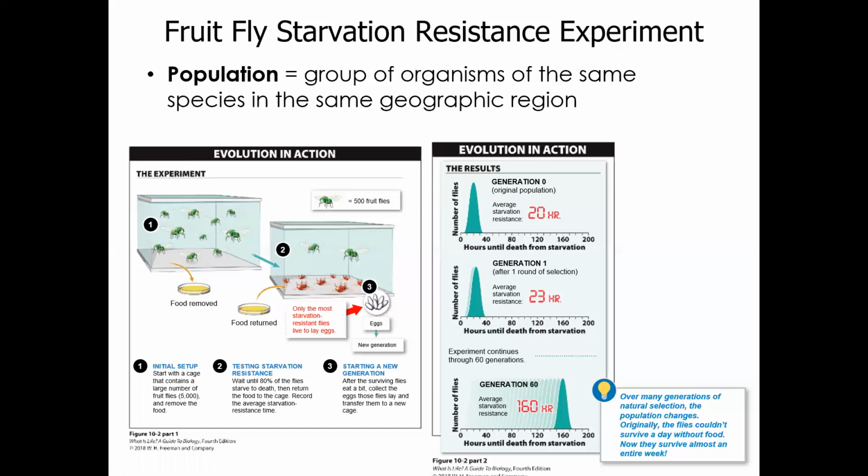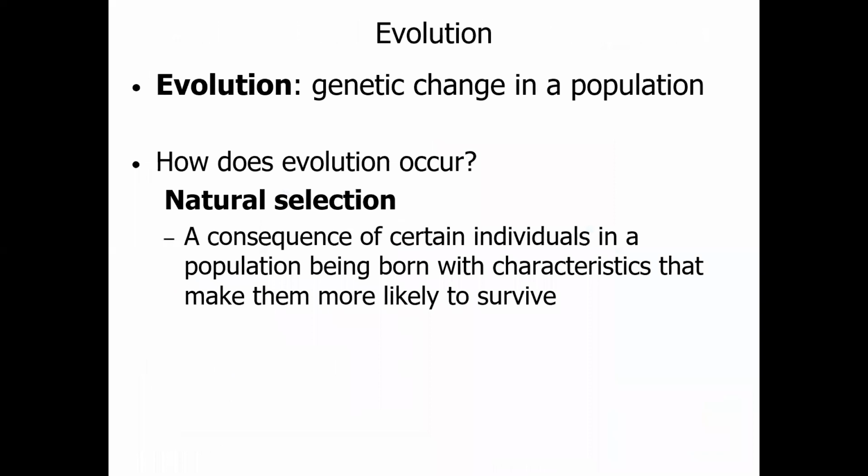So by manipulating these organisms in this environment, we were able to drive natural selection, which we'll talk about later in this presentation, and drive the population to have a certain characteristic. That characteristic was the ability to survive for longer periods of starvation. So we actually drove evolution through this experiment.